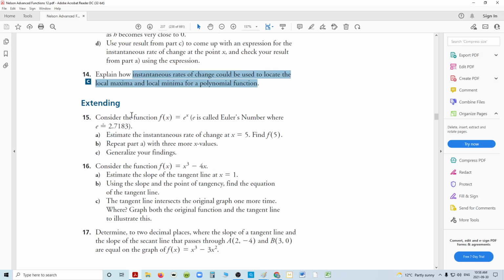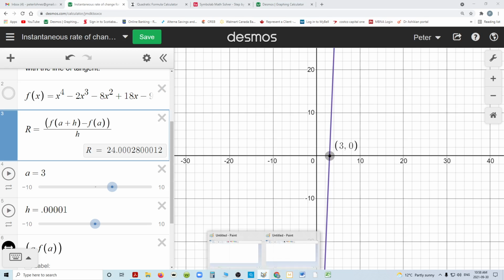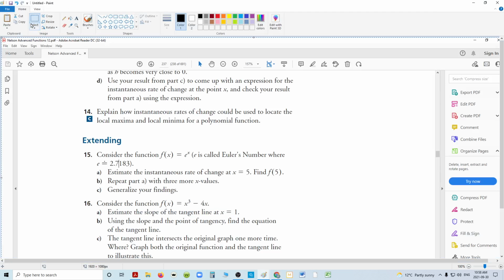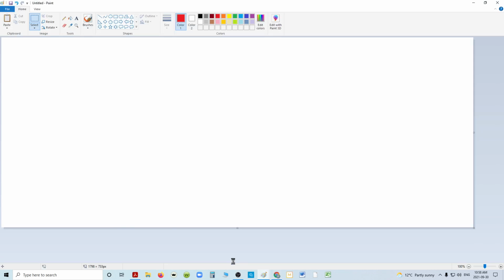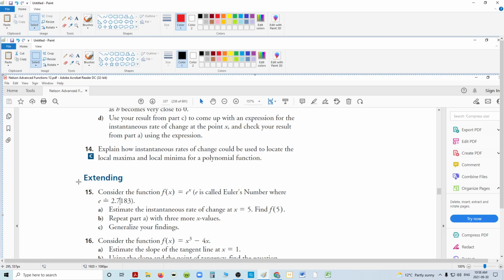Consider this function called Euler square. Let me explain, because e will come and be important in calculus. You might say, what is e? Euler's constant. Euler's number. Well, Euler's number is nothing more than a number. It's just a specific number, like pi.